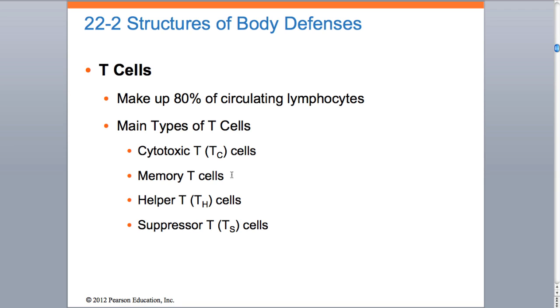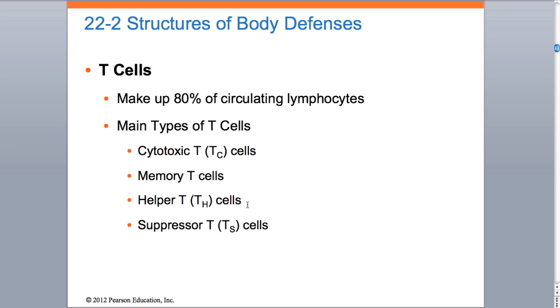And therefore, if you are infected once with that same exact germ, having the exact same antigen surface marker that you responded to the first time around, it will remember that and it will be ready to fight the second infection quicker. And that's why we have memory T cells. So memory is only found whenever we say specific.